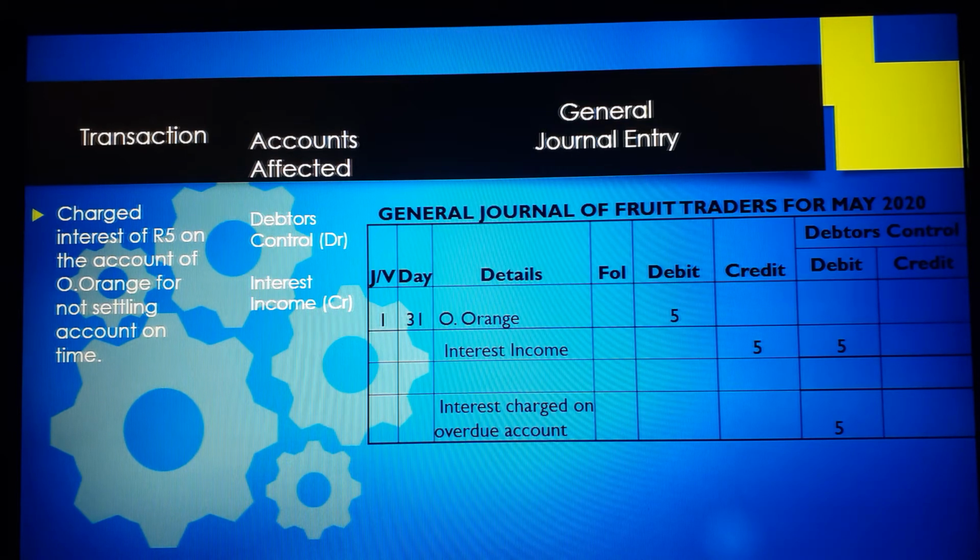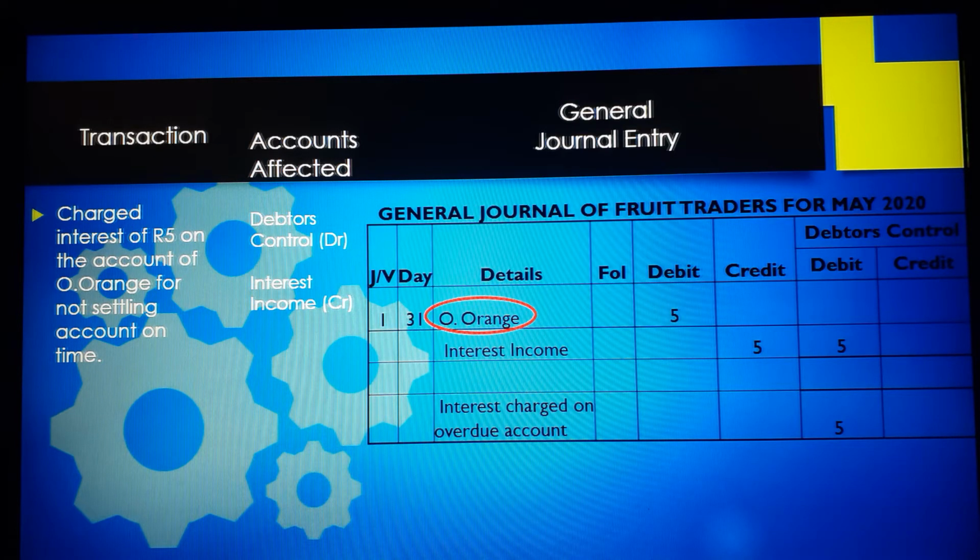Moving on, you will look at our next transaction, which is when we charge interest to a debtor that is overdue. So in this case, our debtor owed us interest of 5 Rand. So we need to add that to our debtors control because the debtor still owes it to us. Debtors control is therefore debited, and our interest is regarded as an income and is credited.